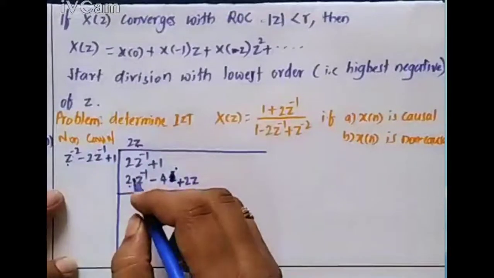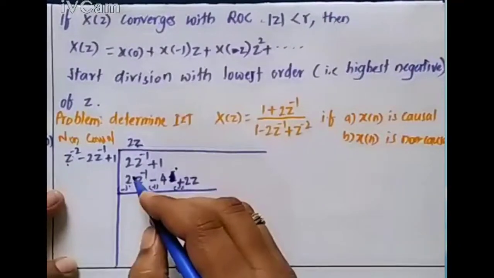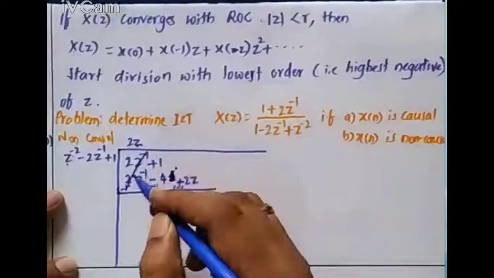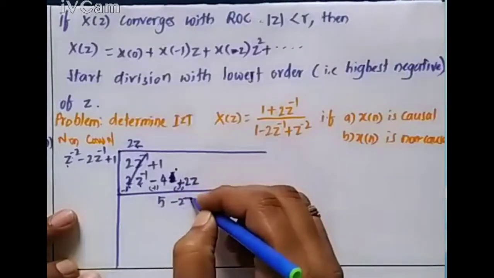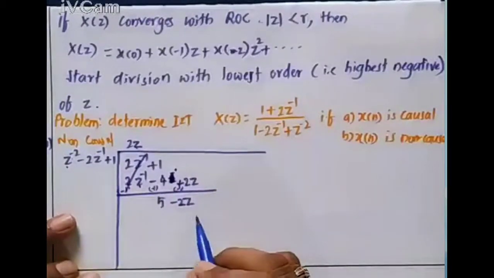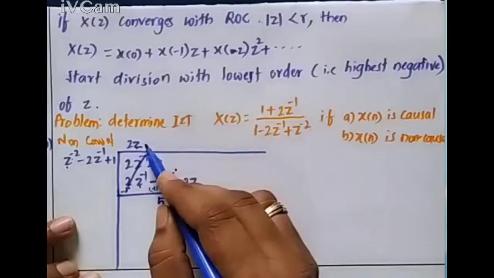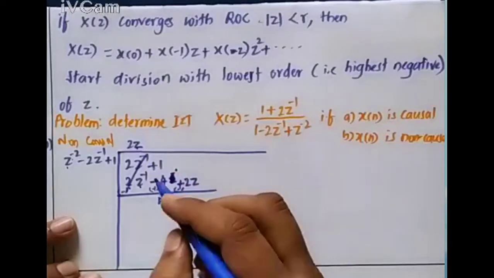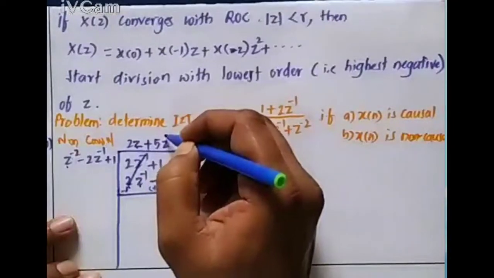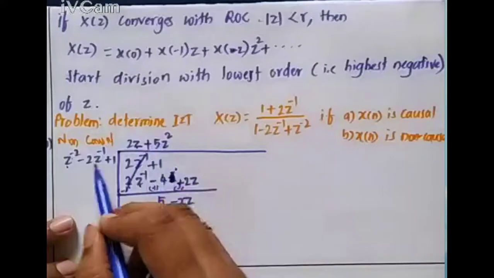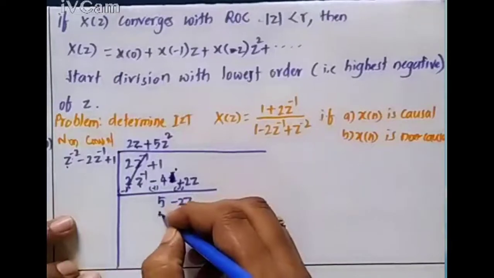Now if you change the signs here, minus, plus and minus, these two get cancelled out, so I will have 5 here and minus 2z, right, 5 minus 2z. Now what has to be multiplied here so that I will get 5? I should multiply with plus 5z square. If I multiply 5z square with z power minus 2, I will get 5 here.